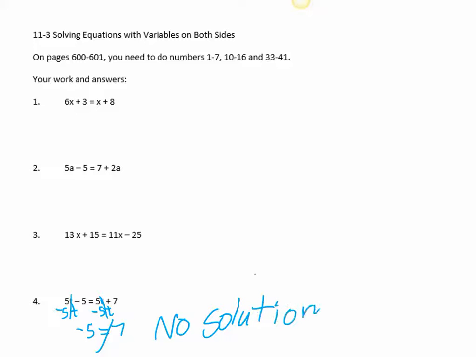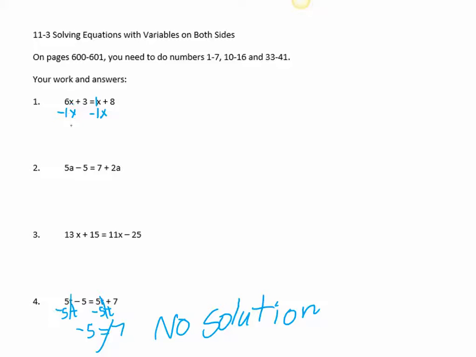There is no value of t that would work so that you could get 5 times that number minus 5 would also be the same as 5 times that number plus 7. Impossible. Let's look at number 1. We have a 6x here. We have a 1x here. There's no distributive property. There's no like terms, so all I need to do is subtract 1x from both sides.